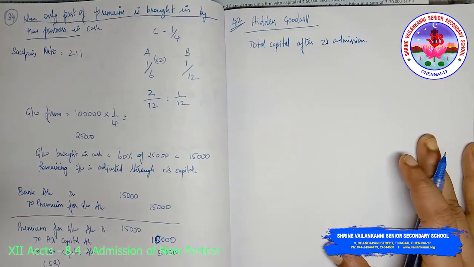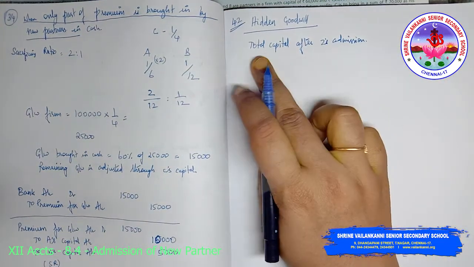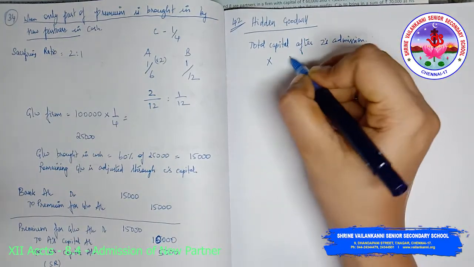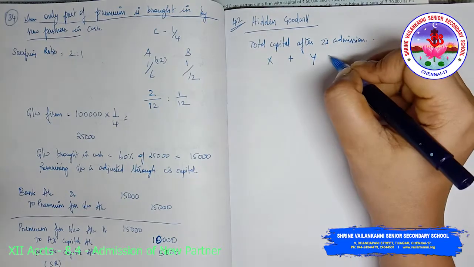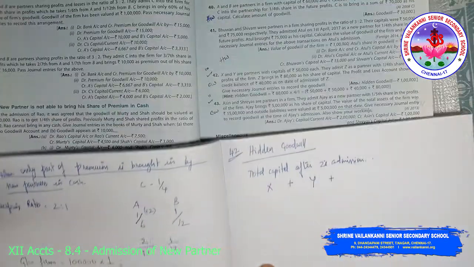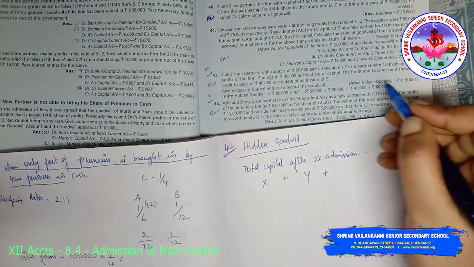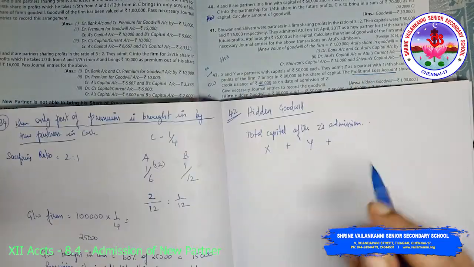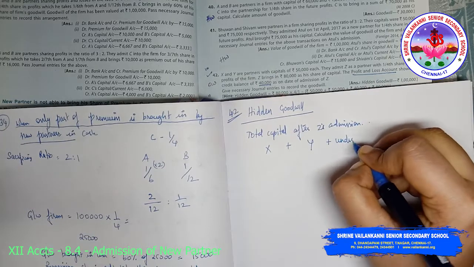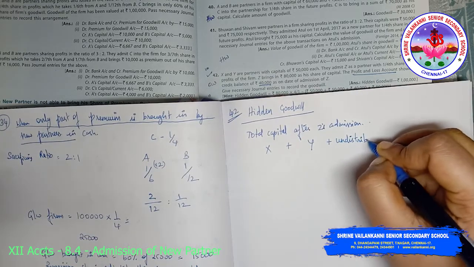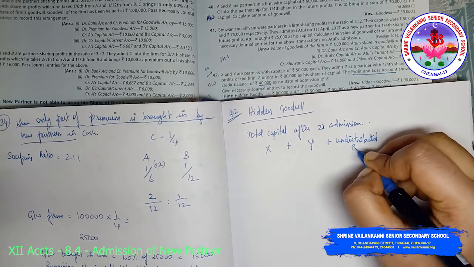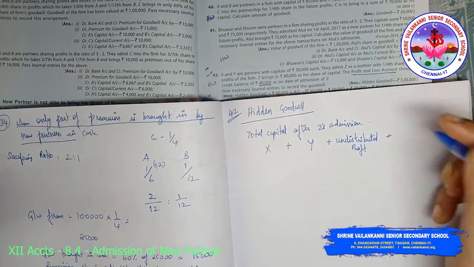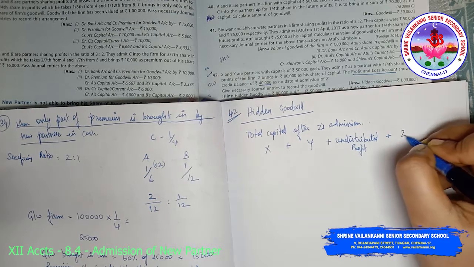Total capital of the firm after Z's admission is X's capital plus Y's capital plus undistributed profits. If there are any undistributed profits: the profit and loss account shows a credit balance of 40,000. So that is undistributed profits because P&L is credit. Okay, plus you have Z's capital.